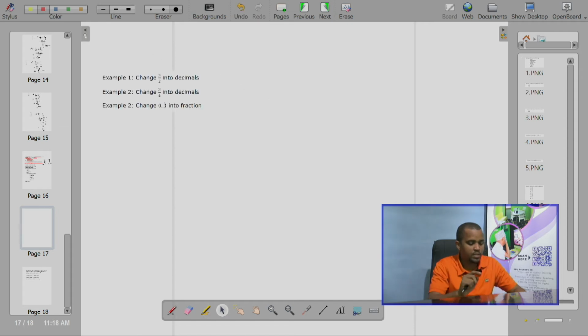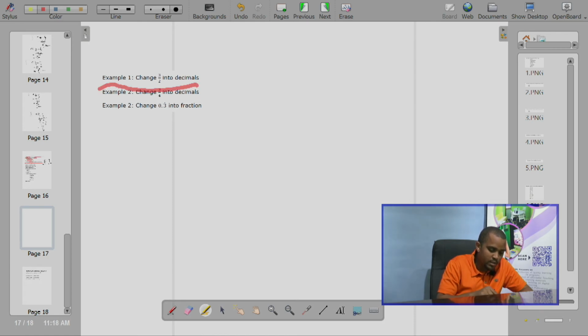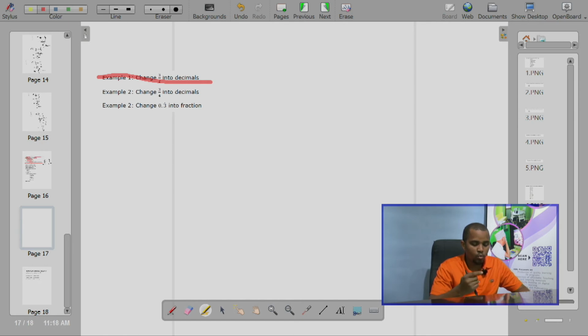We are given three examples, and the first requires us to change the fraction 3 over 2 into a decimal.